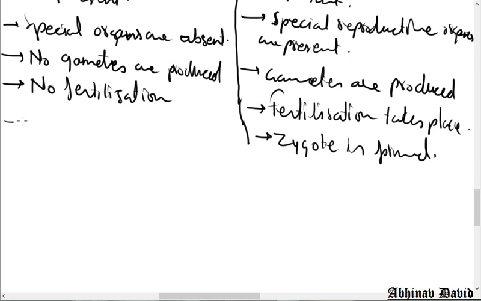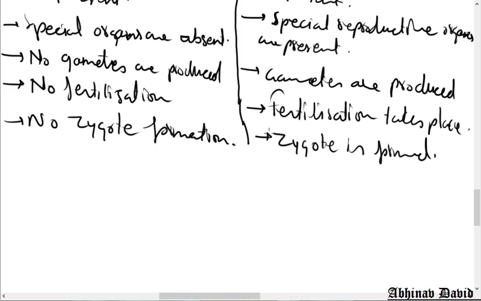In asexual reproduction, there is no zygote formation. So these are the basic differences between sexual and asexual modes of reproduction. You can note down these differences in your notebook.